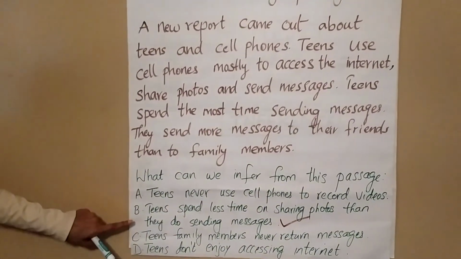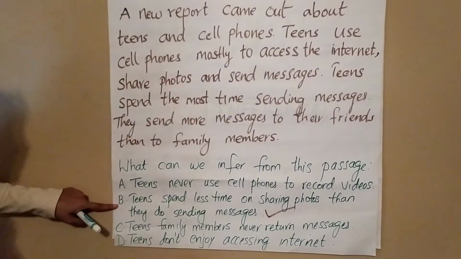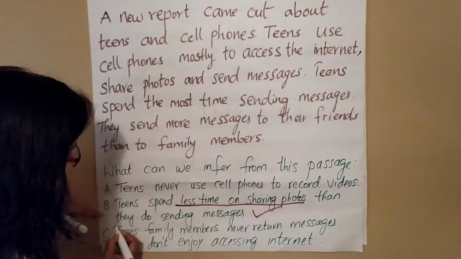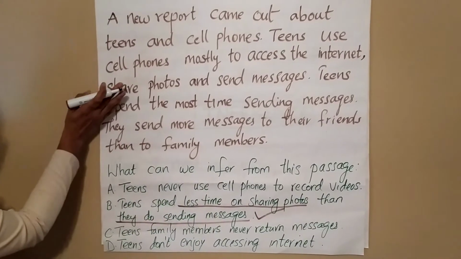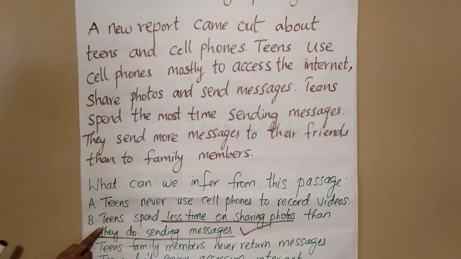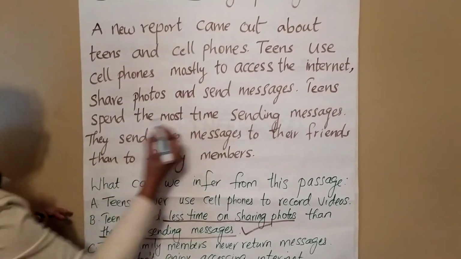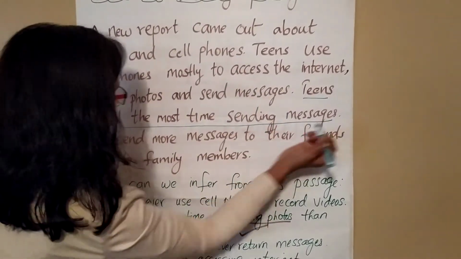Now let us see what tells us that option B is correct. Here it says spend less time on sharing photos than they do sending messages. So let's check the evidence. What is in the text to prove that this is correct? The evidence I have here is, it says teens spend the most time sending messages.